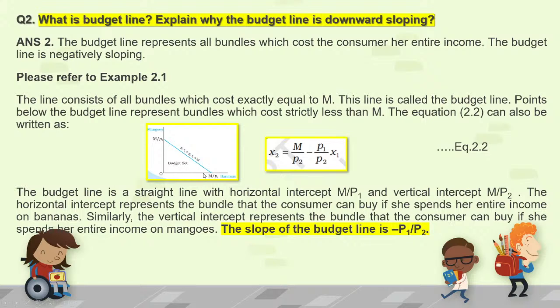Why is it negatively signed? Because the consumer's income is fixed here, and in order to buy some extra unit of one good, the other good needs to be sacrificed. For an extra unit of one good we are sacrificing some extra units of another good, keeping in mind the constraint of income and the given prices. So that is why the slope is minus P1 upon P2.